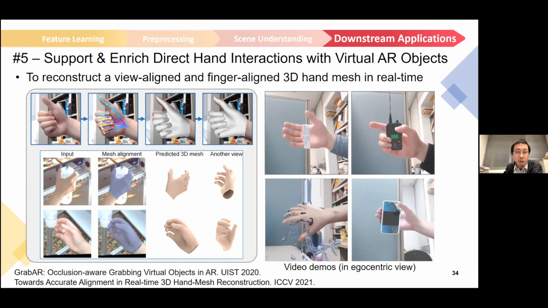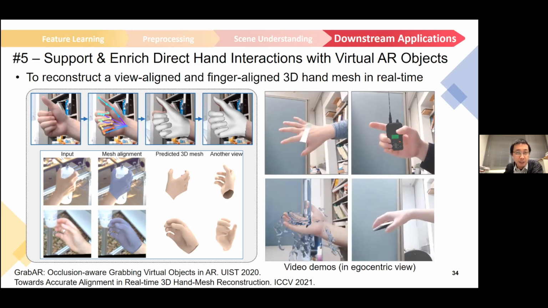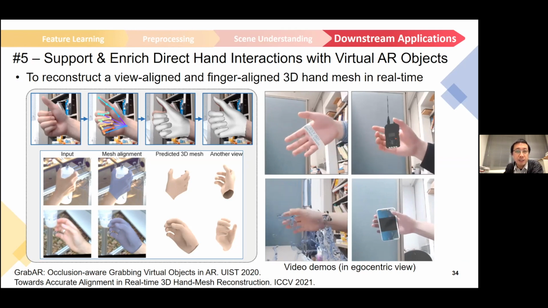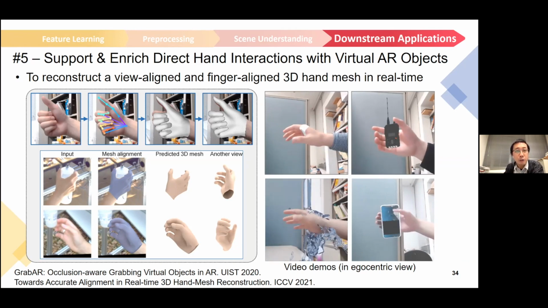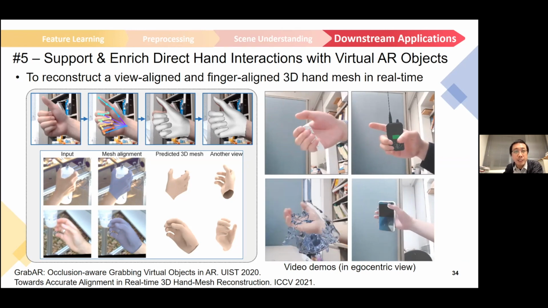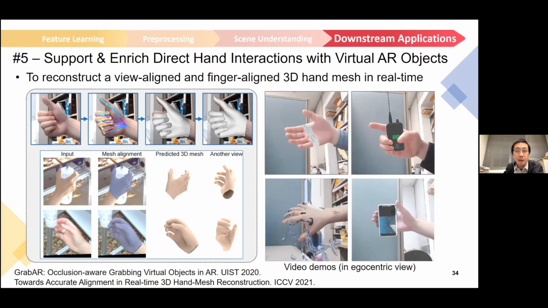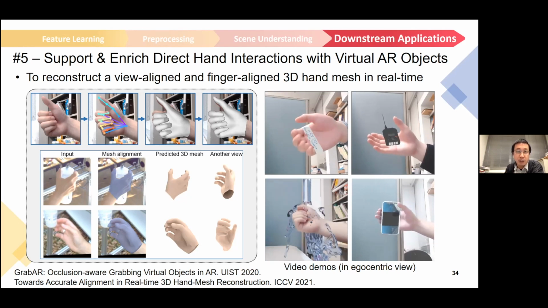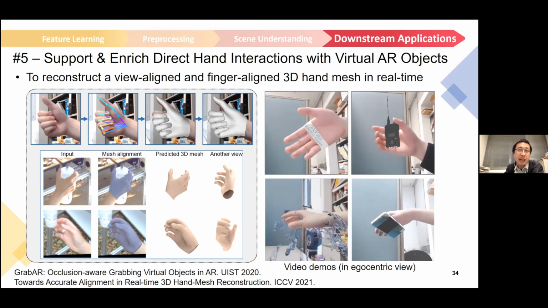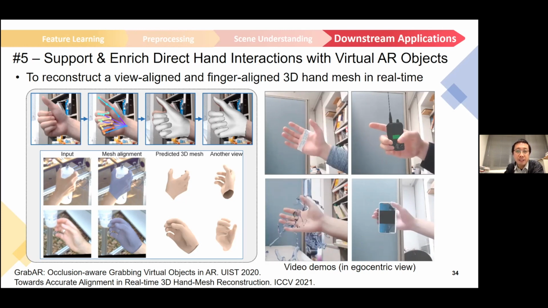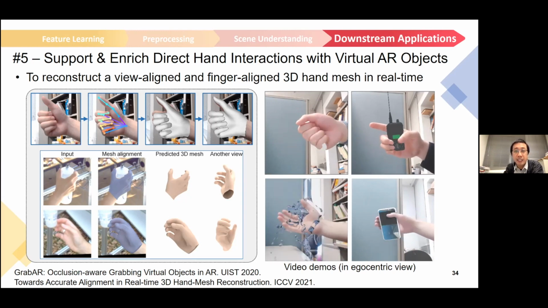By doing so, we found that we can more accurately produce the hand meshes, and these hand meshes can be generated in real time by our method, so that we can enable this kind of direct hand interaction, as you can see here. Which means that, based on our method, we can enable the user to use bare hands to directly grab and also manipulate different kinds of virtual objects, as you can see here in this video in an egocentric view.